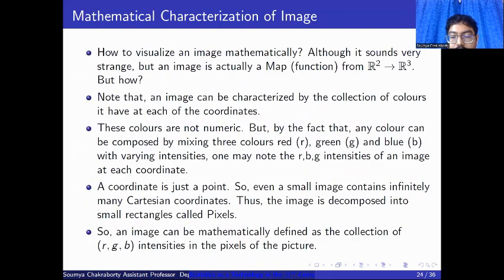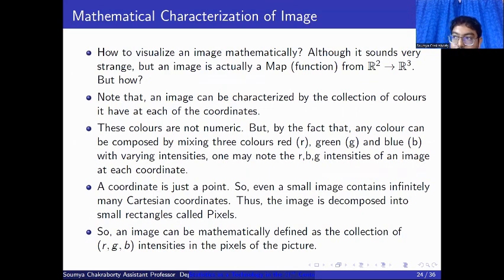So how can we visualize an image mathematically? It is basically a map from R2 to R3. That is, it is the collection of all the colors in each coordinate of that image. These coordinates we take to be rectangular in nature, and those are called pixels.